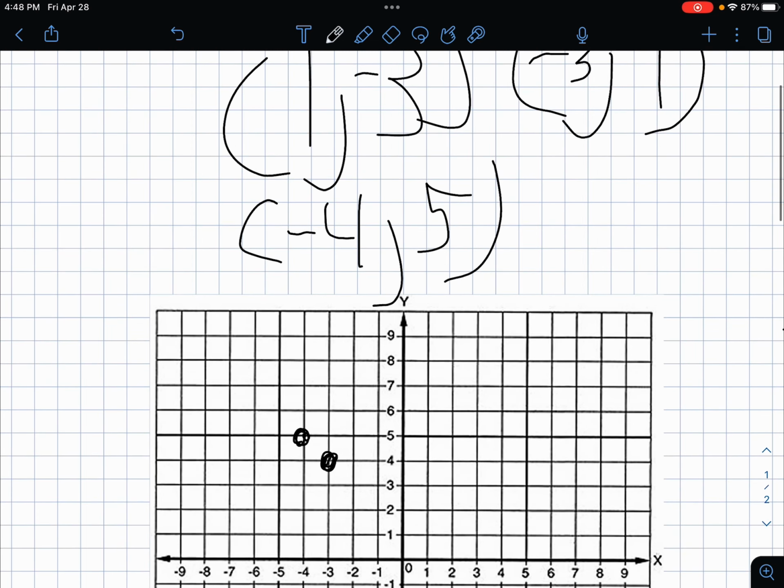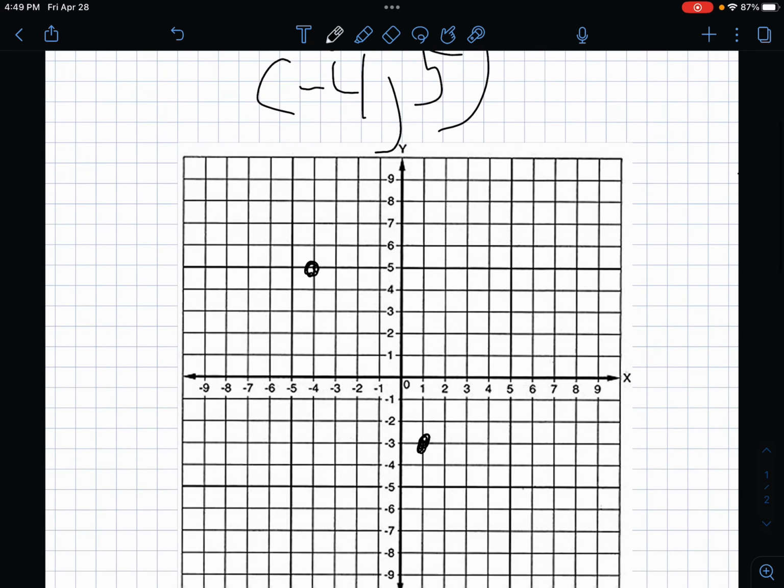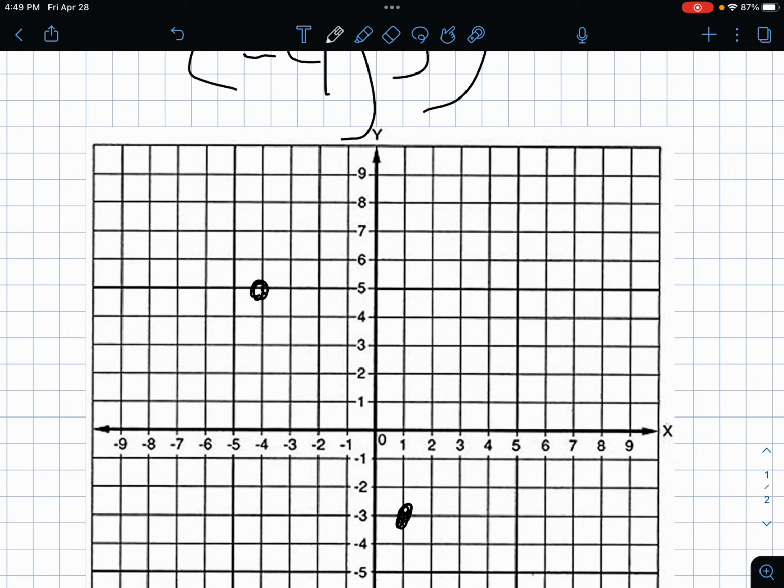I'm going to change negative 4 and make it, actually, let's make it 3, 5. There we go. Just to make it a bit easier on the eyes.